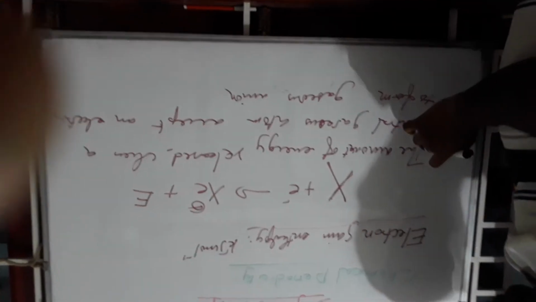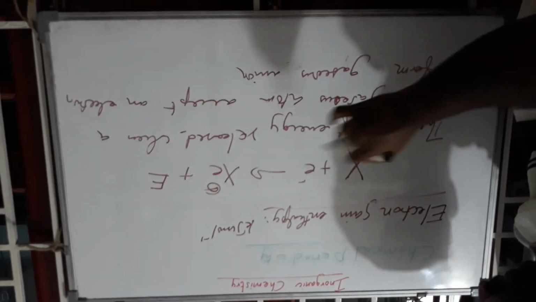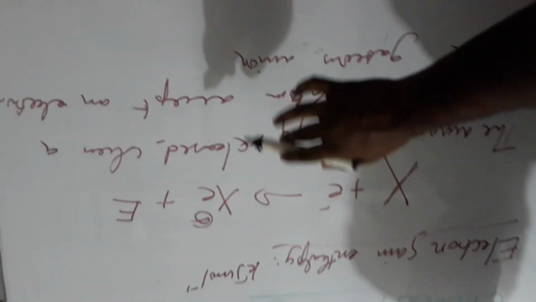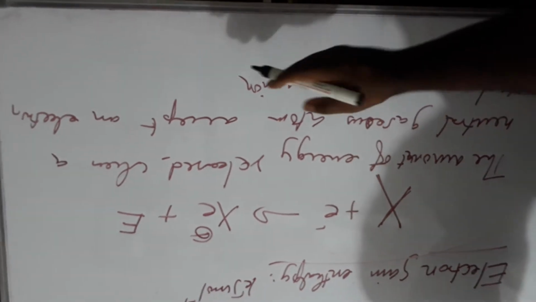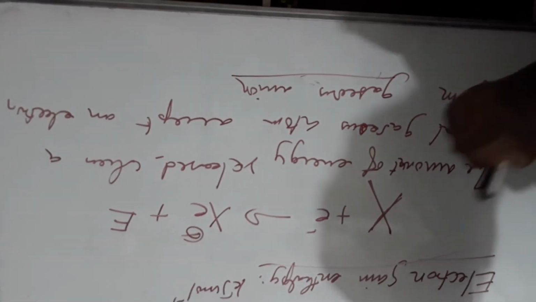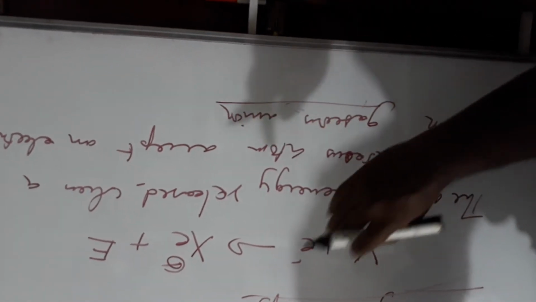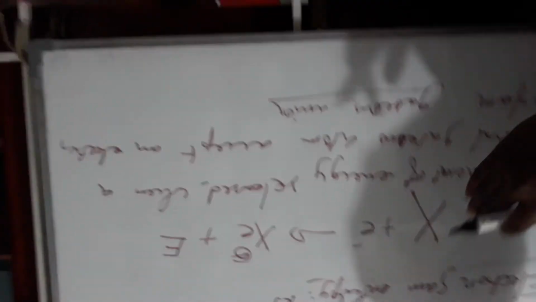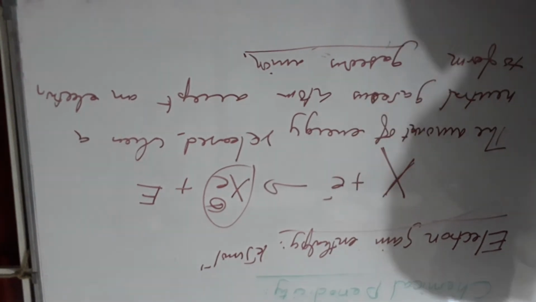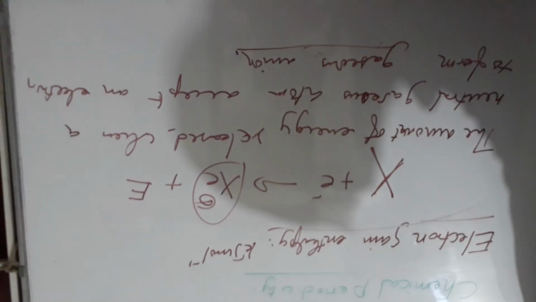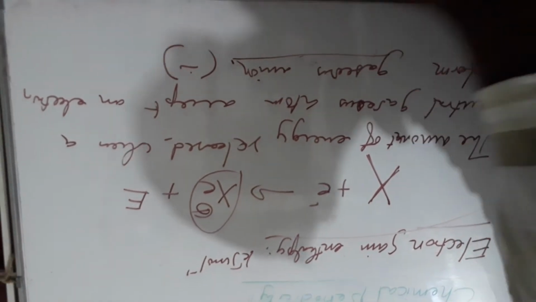Definition: the amount of energy released when a neutral gaseous atom accepts an electron to form a gaseous anion. Electron gain enthalpy is negative because energy is released.